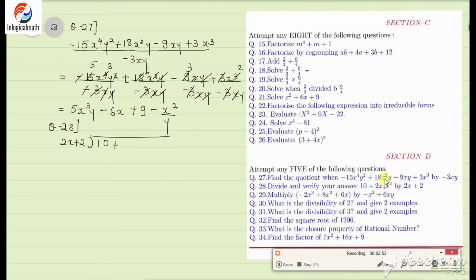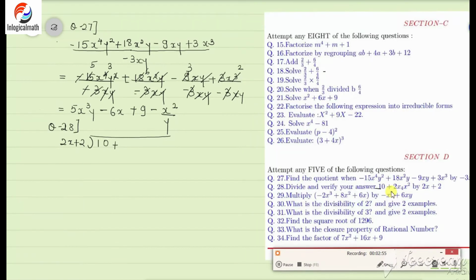Let me tell you one thing, there is one correction in the question. I forgot to write the minus sign, so it becomes 2x minus 4x square. So 2x plus 2 is divided by 10 plus 2x minus 4x square.